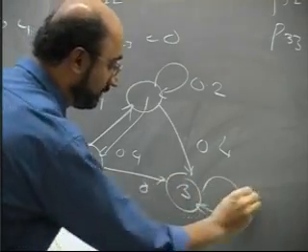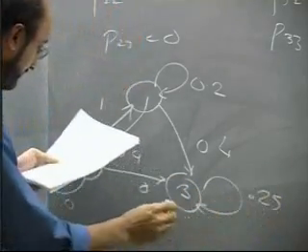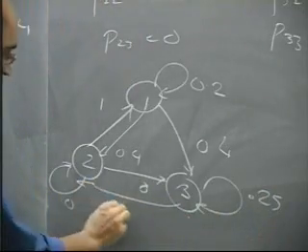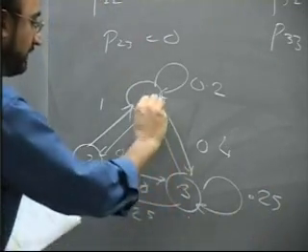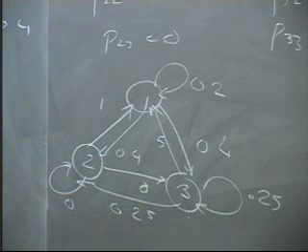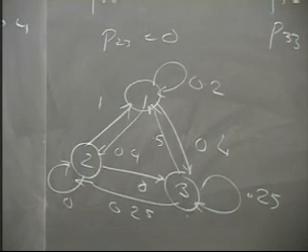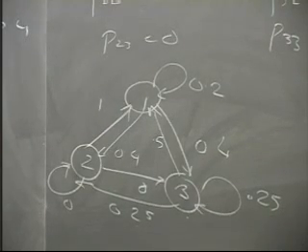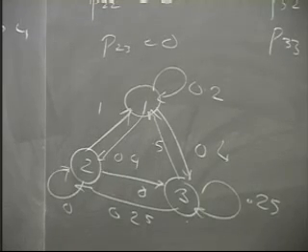And 3 has a self-loop at 0.25. At 0.25, it goes here. And it goes here at 0.5. And so this representation, or the matrix representation, are in fact complete representations of a homogeneous Markov chain. Okay? All right. Any questions about this?